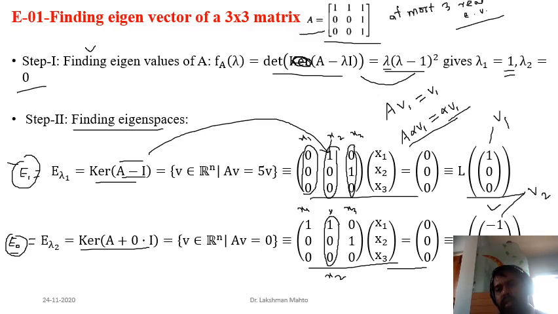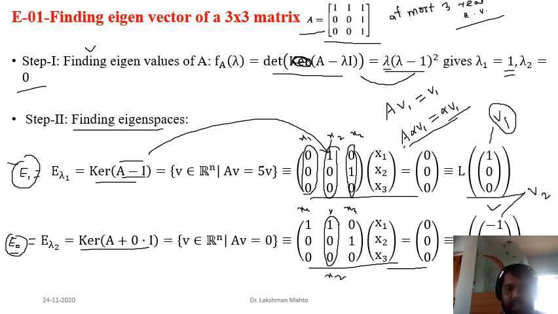So alpha v1 also does not change direction when we apply A over it. That's why alpha times v1 is also an eigenvector of A with eigenvalue 1. So the simplest form of an eigenvector happens to be the basis element of the corresponding eigenspace. That is the main concept.